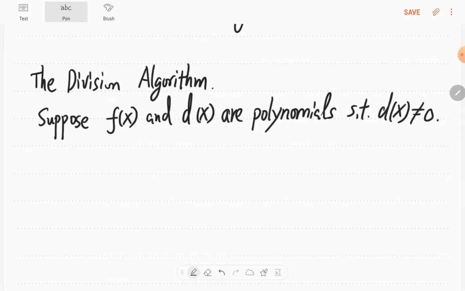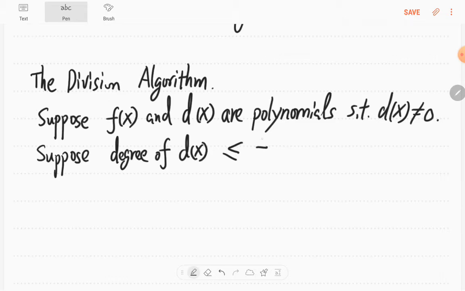We also suppose the degree of d of x is less than or equal to the degree of f of x.